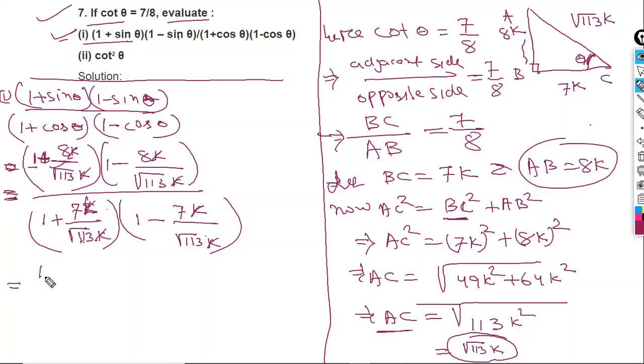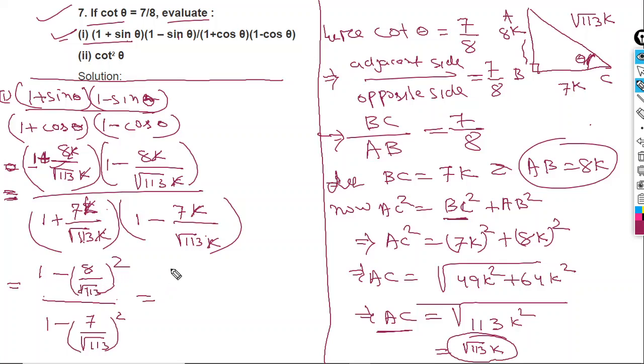Now it will be equal to 1 minus b square, 8 divided by root over of 113 square, divided by here a plus b into a minus b. So a square minus b square, it will be equal to 1 square minus 7 by root 113 whole square.